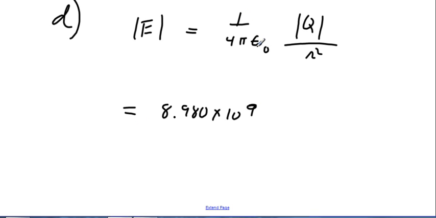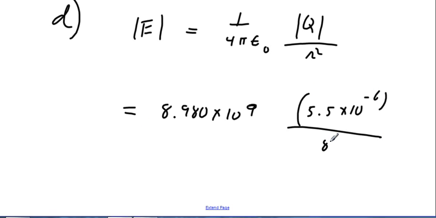So 1 over 4 pi epsilon naught is my K. 5.5 times 10 to the minus 6 divided by 8 meters squared, and I end up with 772 newtons per coulomb.